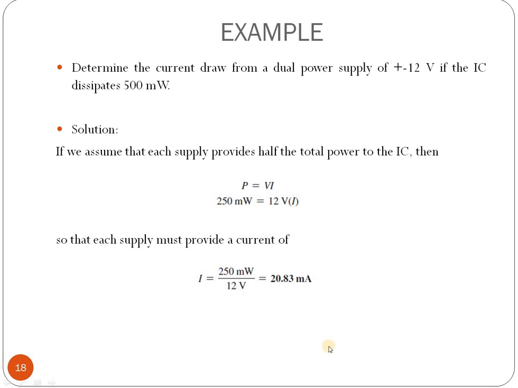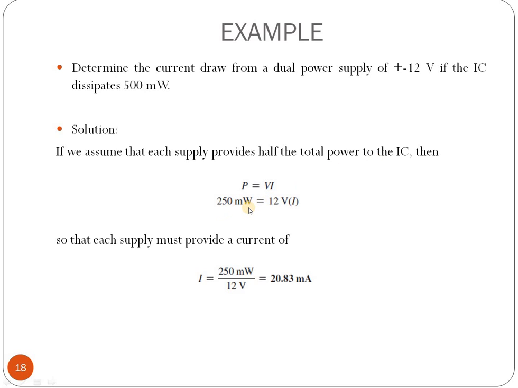An example: determine the current draw from a dual power supply of plus minus 12 volt if the IC dissipates 500 milliwatt. We need to find the current value, and the power supply voltage is given, plus minus 12. We know the power equation P equals VI, and here we assume that each supply provides half the total power. Total power is 500 milliwatt, so half will be 250 milliwatt.